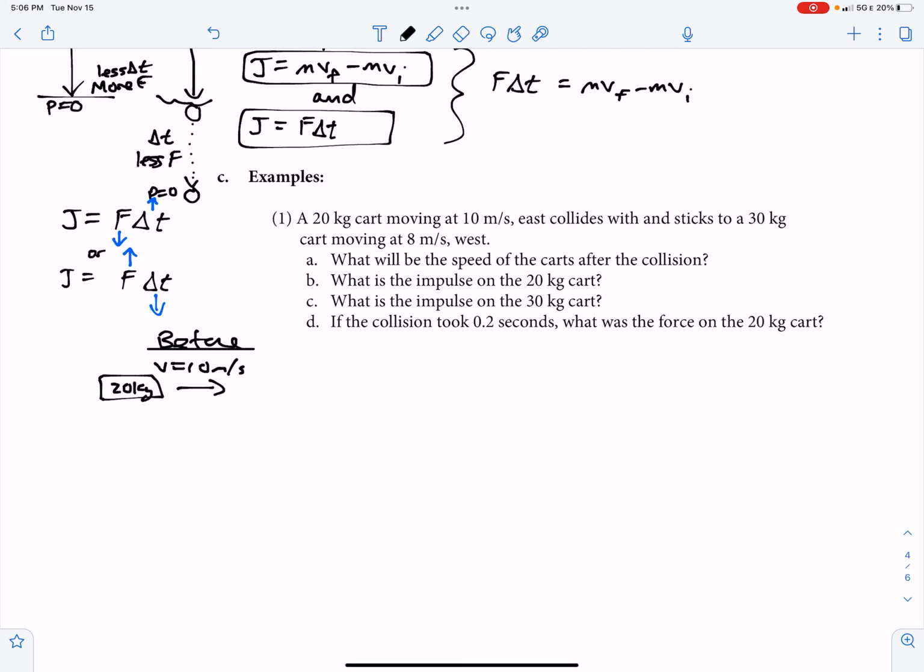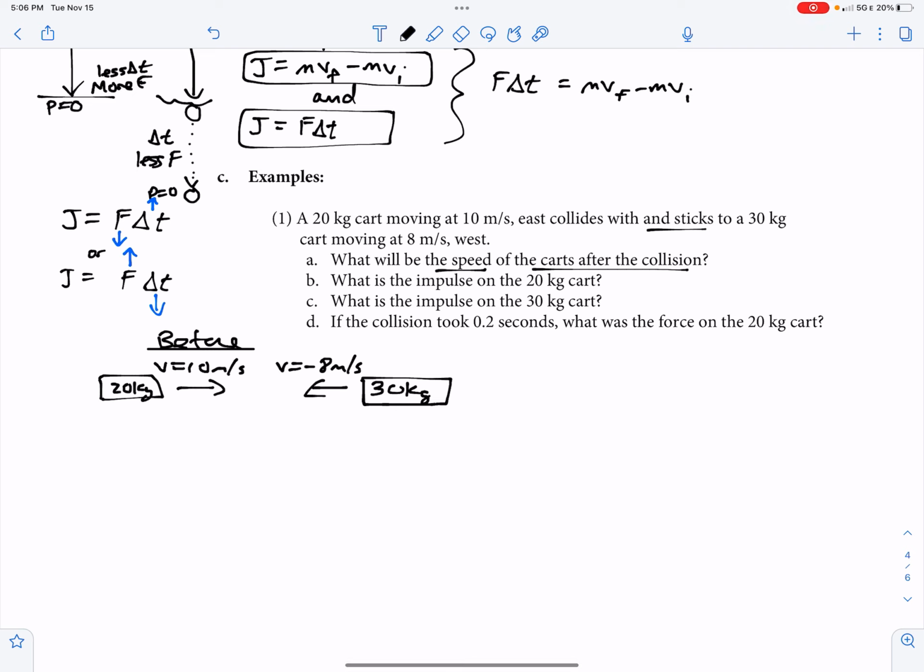East would be to the right. And it's going to collide and stick with a 30 kilogram cart. But the 30 kilogram cart is moving 8, in which case I'm going to call it negative 8 meters per second to the west. Okay, what is the speed of the carts after collision?